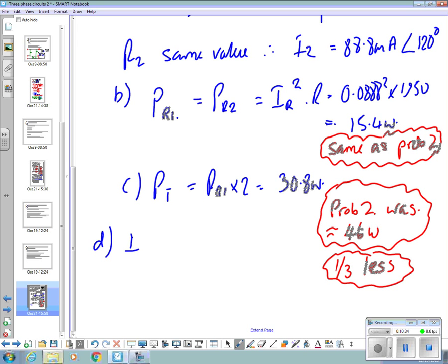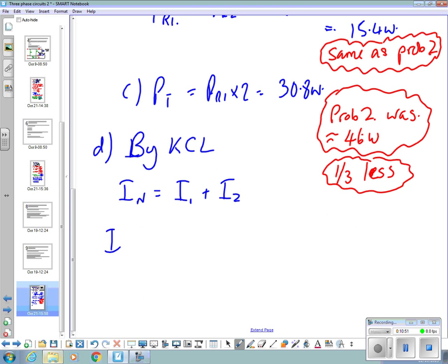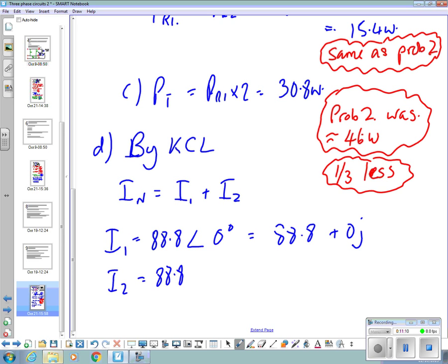By Kirchhoff's current law, IN equals I1 plus I2. I1 is 88.8 angle 0 degrees, 88.8 plus 0J. I2, what did that come out as?